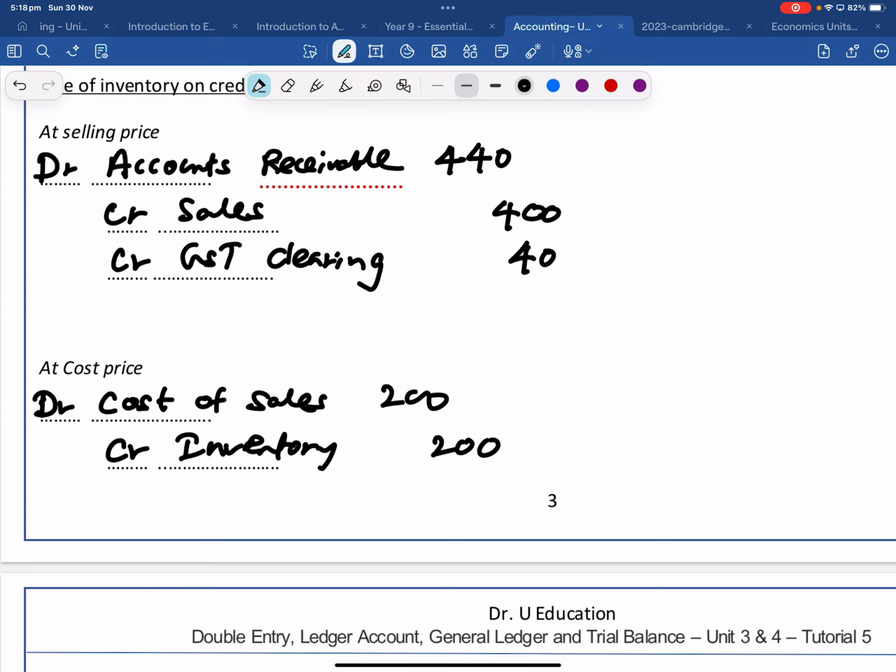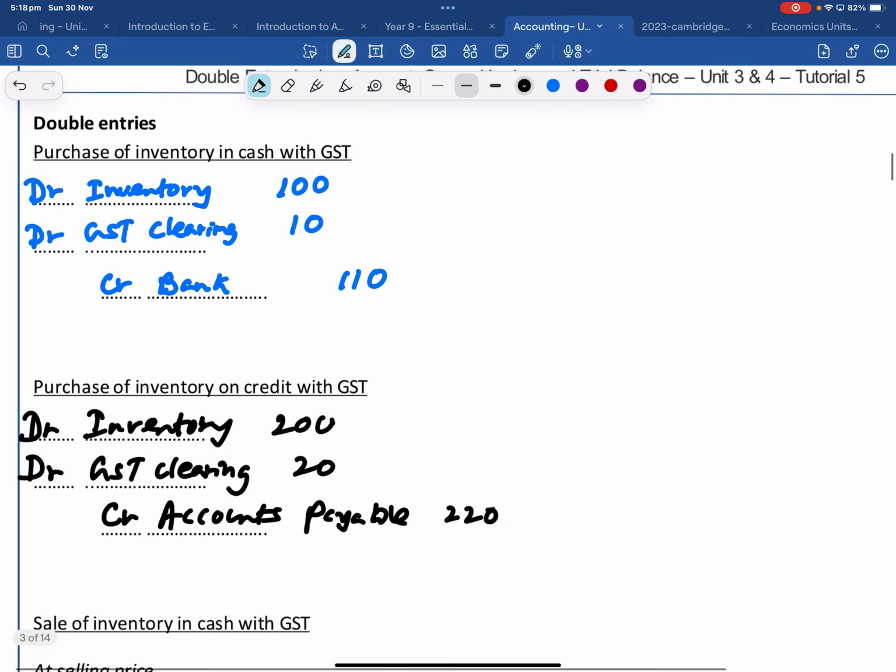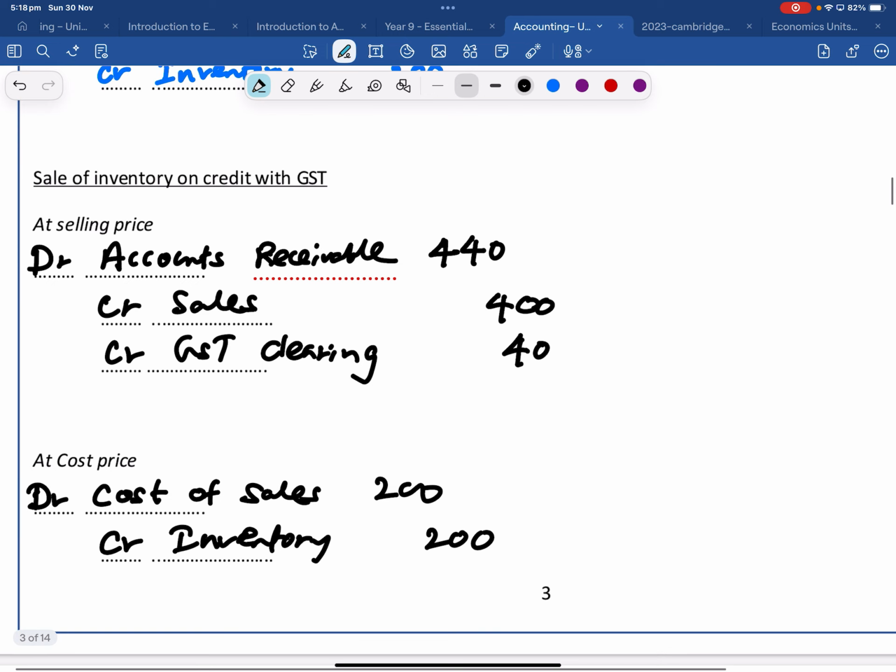Okay, selling price and cost price. But when we purchase, there is no such problem. We have only one price, no problem, right? Any questions with this?